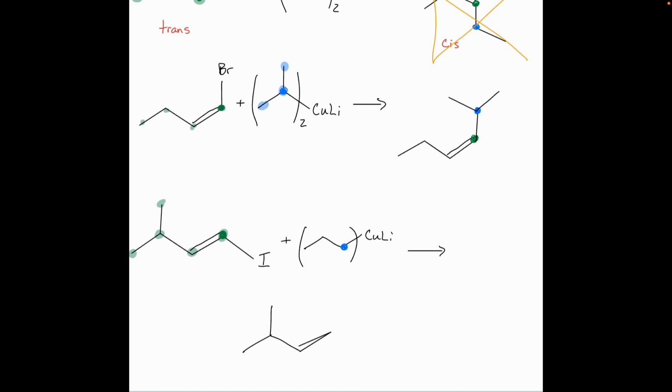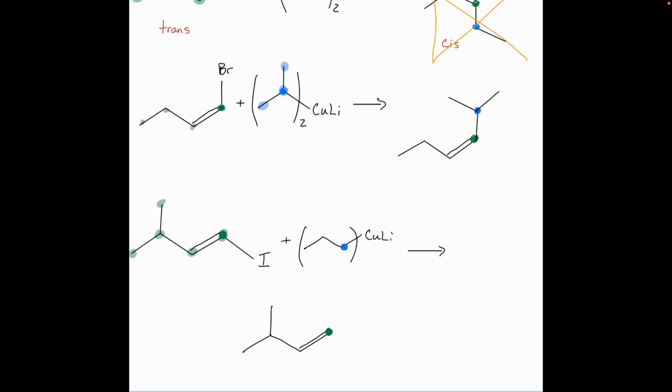And then keep my double bond. But then when I draw my new bond, so this is my new carbon with my new bond here.